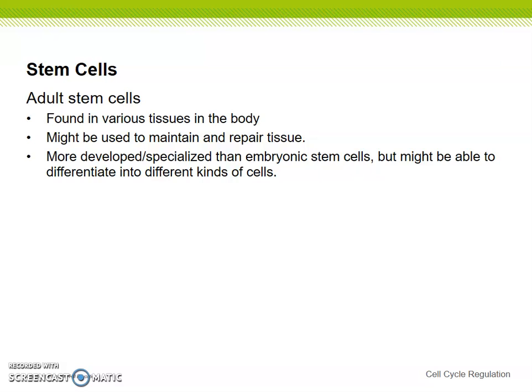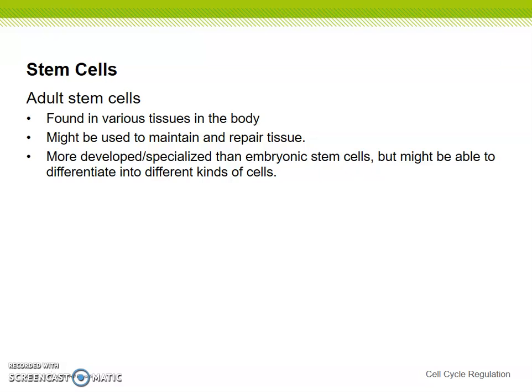Adult stem cells are found in various tissues in the body, and they are used to maintain and repair tissue. They are more developed or specialized than embryonic stem cells, but they might be able to differentiate into different kinds of cells.